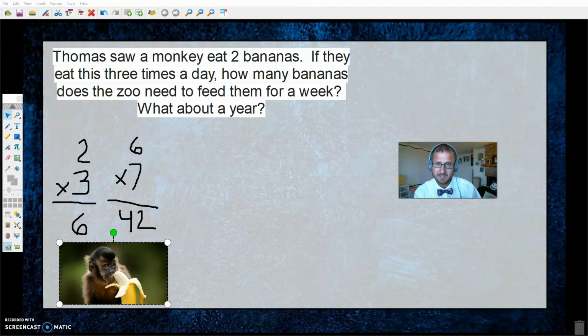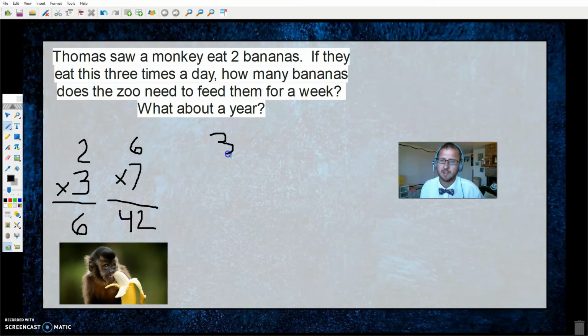Now, Thomas's next question was, how much do they feed them in a year? Now, there's 2 different ways we can do this. We can either take that 42 and multiply that by the 52 weeks of the year, but I think a more precise answer would be if we took the original 6 per day and multiplied it by the 365 per day.